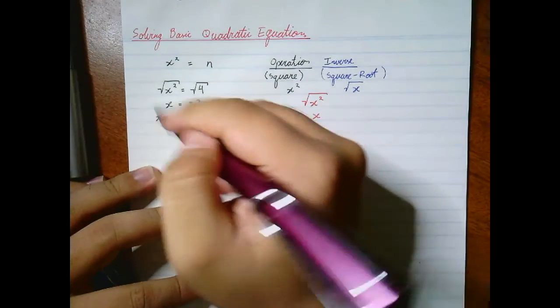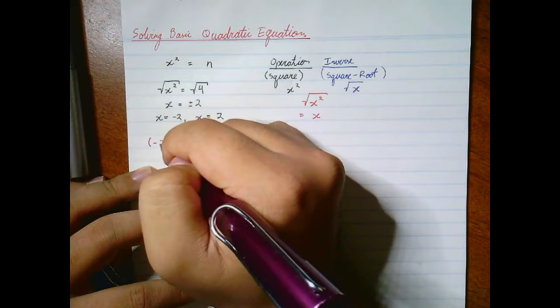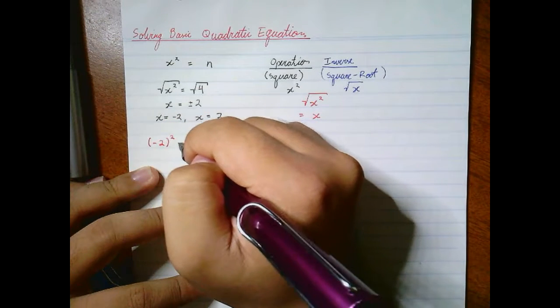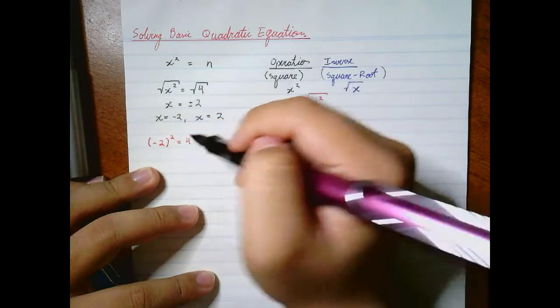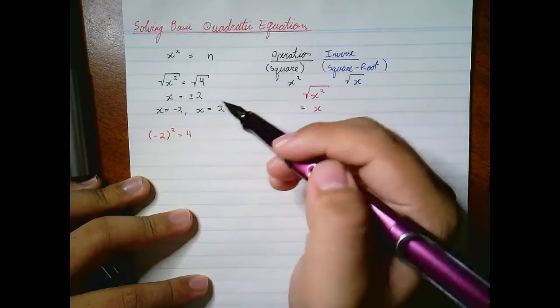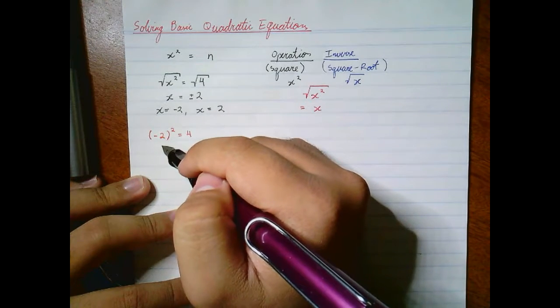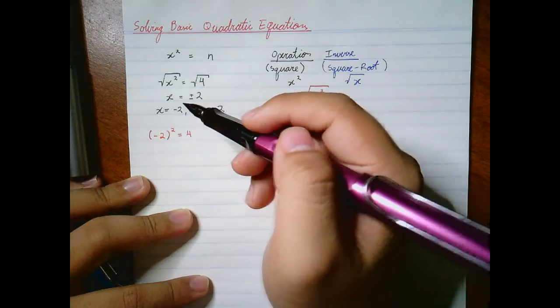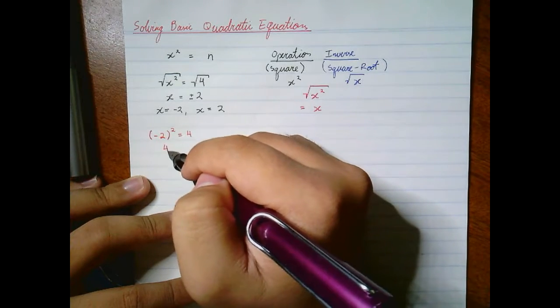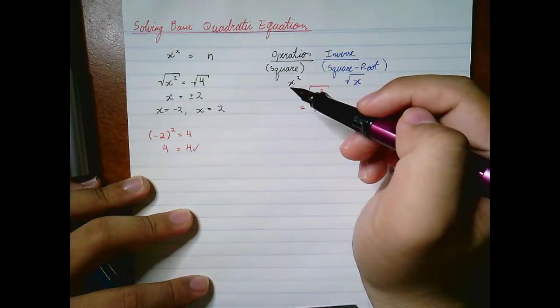So for example, if we took negative 2 squared is equal to 4. What is negative 2 times negative 2? Well, 2 times 2 is 4, and a negative times a negative is positive 4. So you get 4 is equal to 4. So this is a true statement.